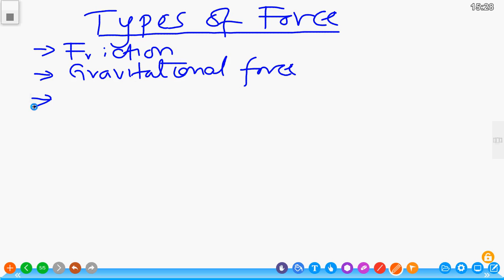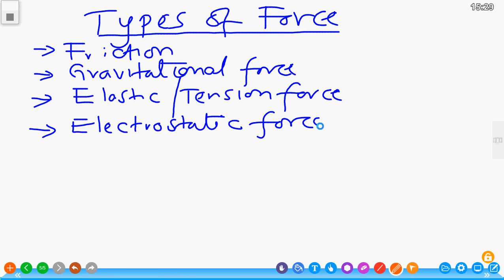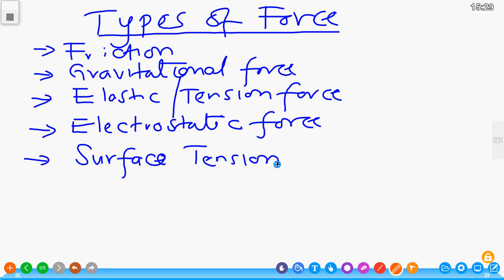We could talk of elastic force, or some books will call this tension force. We could also talk of electrostatic force. We could also talk of surface tension. And so many other forces that we shall be looking at.